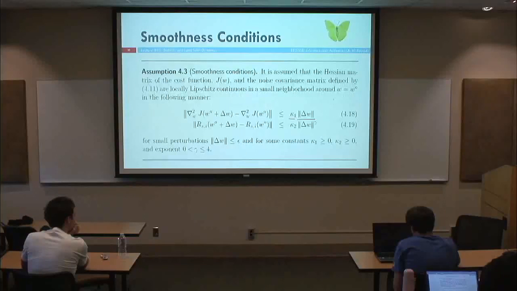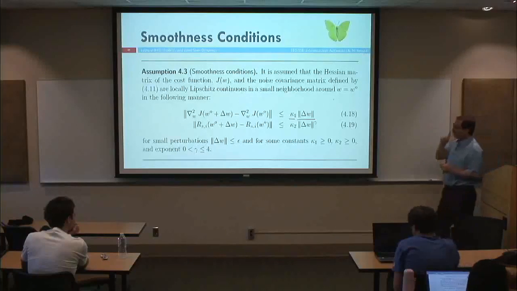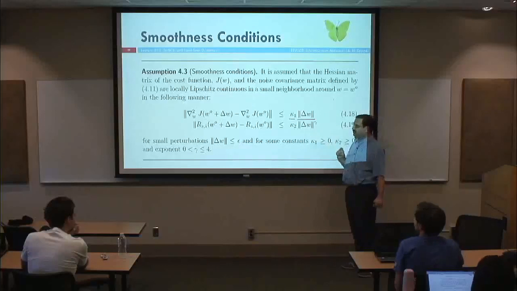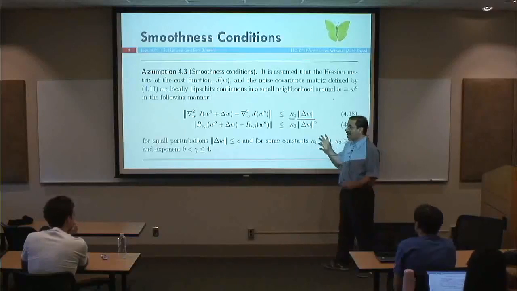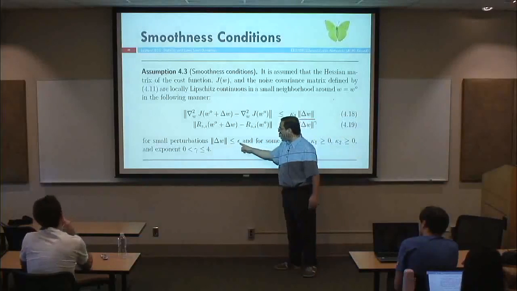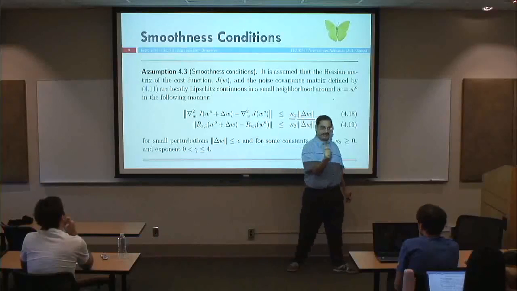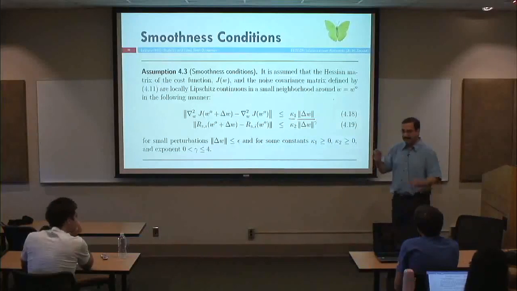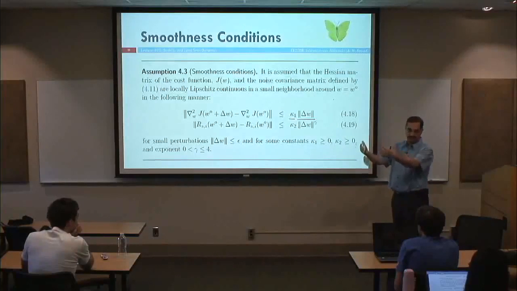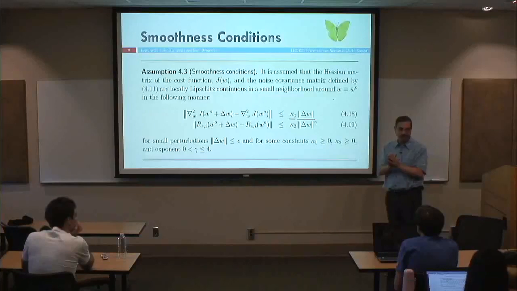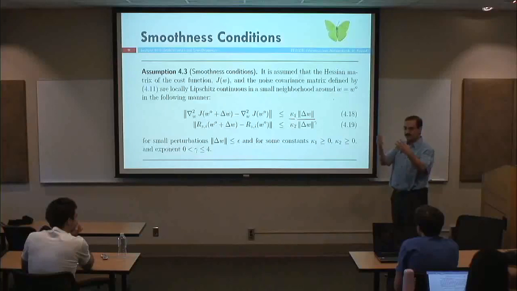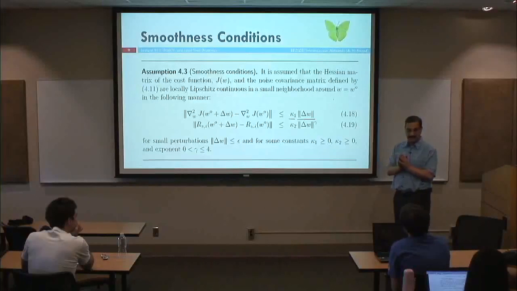So before I continue, even though these Hessian conditions here, these Lipschitz conditions here, are required to hold locally, an epsilon distance around omega 0, actually they turn out to hold more globally. And if you remember, I showed you a result like this when I was discussing the appendix on Lipschitz conditions.